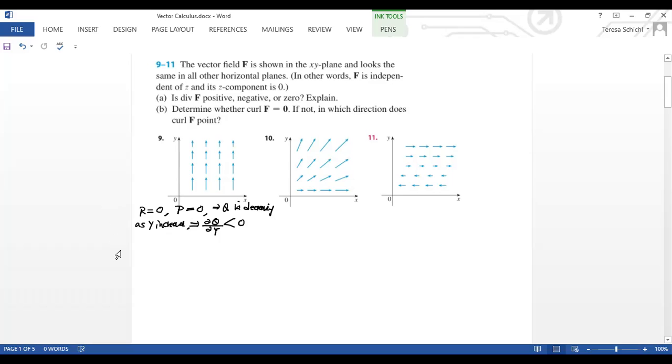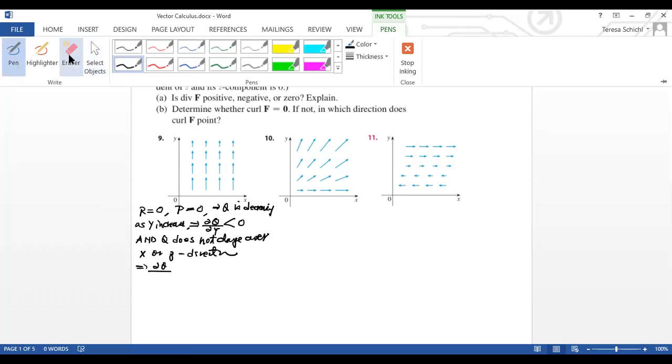Also, we know Q does not change over x or z directions. It just goes up and down, so it does not change over the x or z directions.